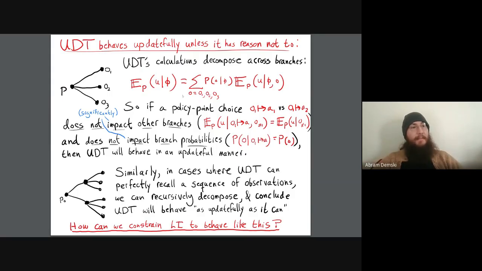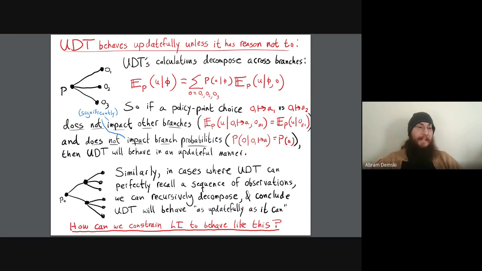And then the influence on branch probabilities, so we might make O2 more probable than O1 by taking a certain action, we could call that the retrocausal impact, because we're changing history.